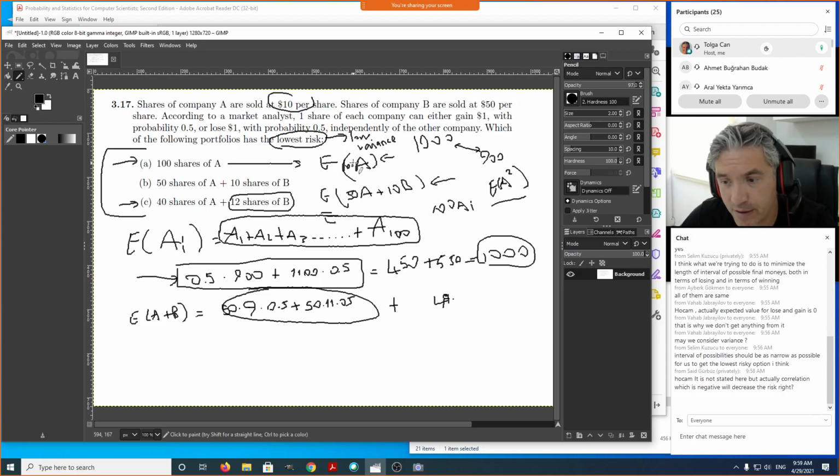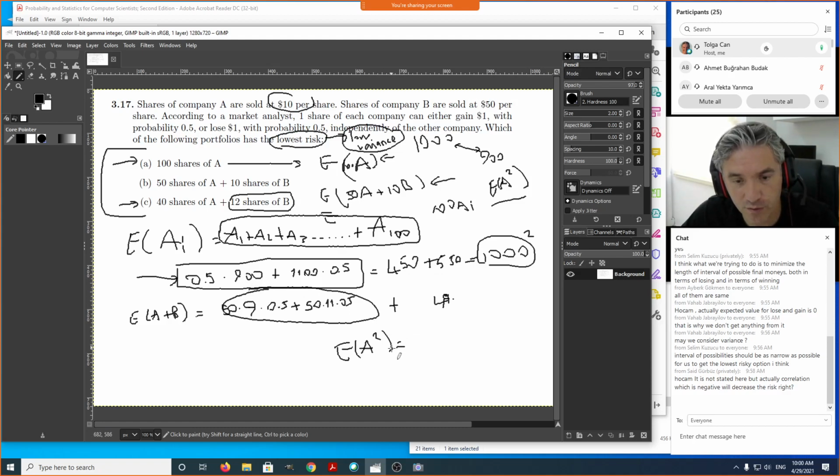But yeah, I think this question should be answered just like Selim and Wahab mentioned with finding the variance. And for that, we have to find not only the expected value of AI, which is 1000 simply, we have to subtract from this the square of the expected value. So how do you find the expected value of the square of this thing? What we do is this 900.